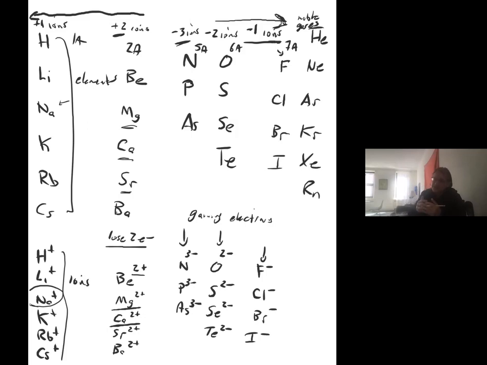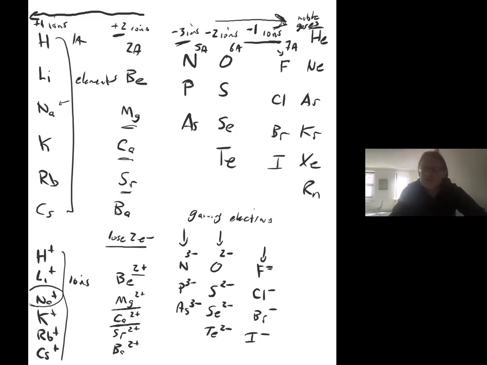So you generally don't see potassium with a negative or chlorine with a positive. It's possible, but you don't see it very often. So the negatives are on the right side and the positives are on the left side. It's kind of cool, kind of simple.